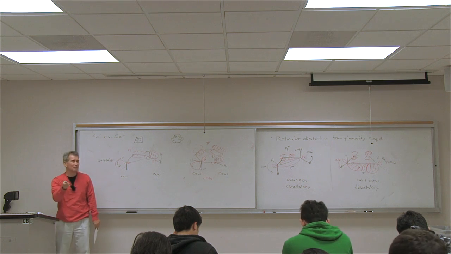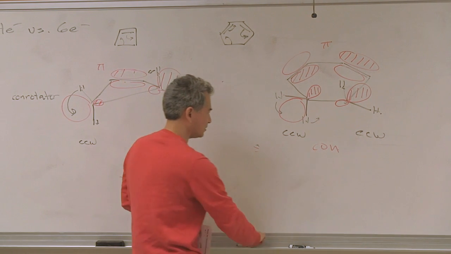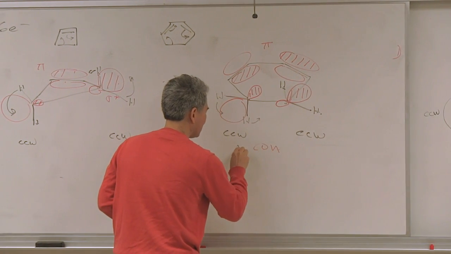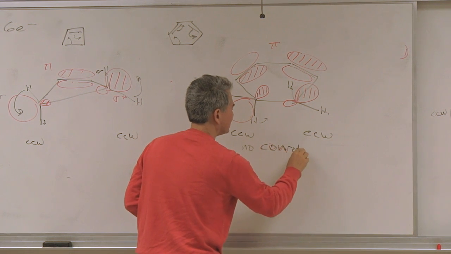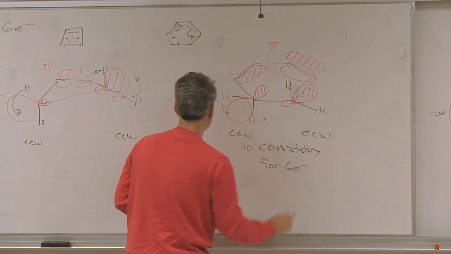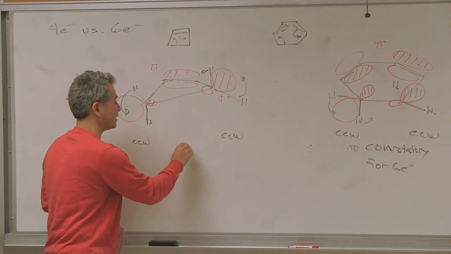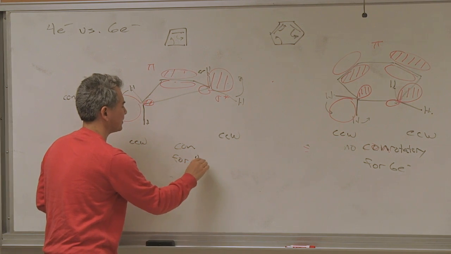And it's not the size of the ring that matters, it's the fact that this is a 6-electron system. So let me put this in black here. I'll just write, no, you can't do this in a conrotatory fashion, whereas here, you can and should do conrotatory distortion for a 4-electron system.